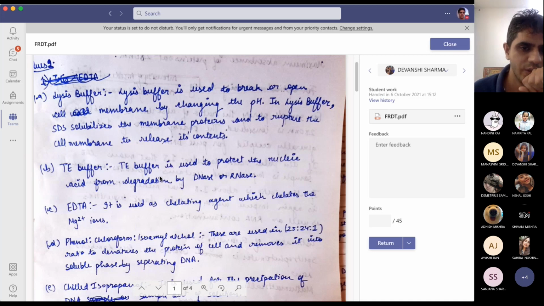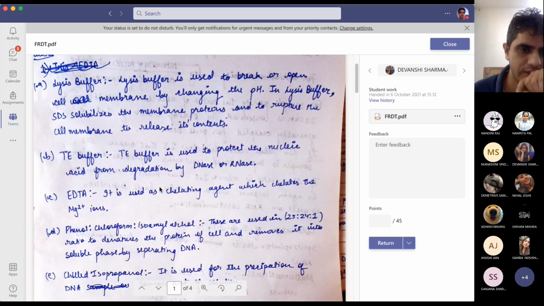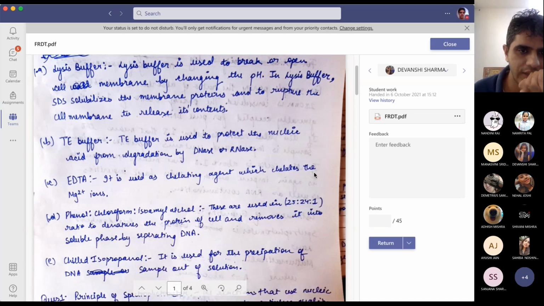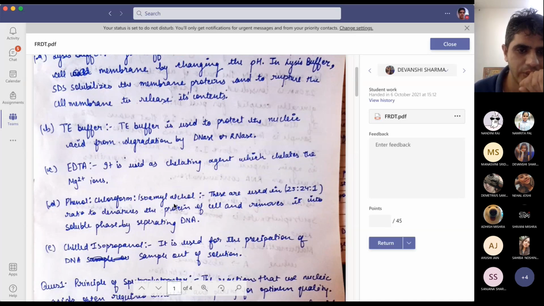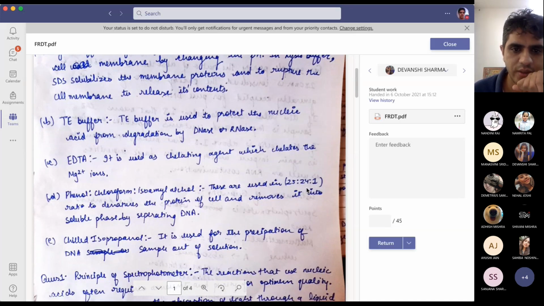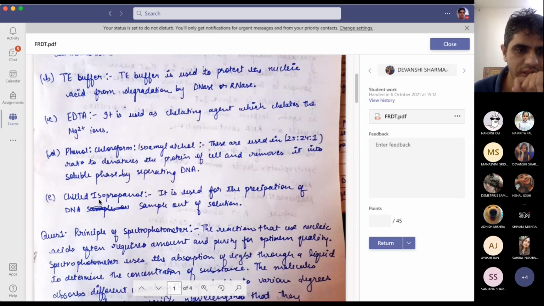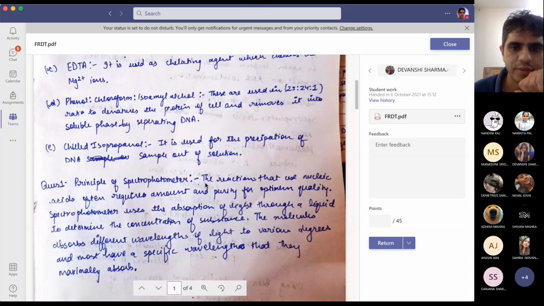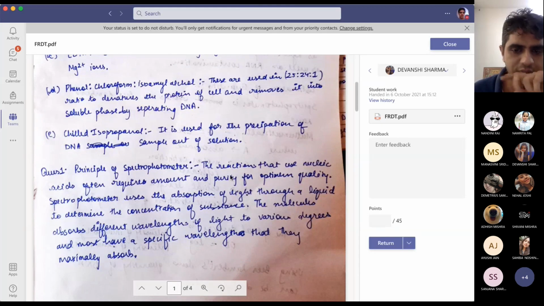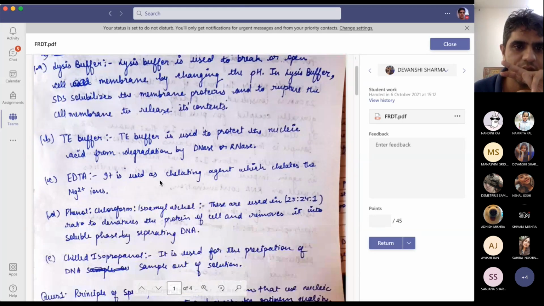So how does it do that? You should also write that. EDTA is used to chelate divalent ions. Yes. Phenol chloroform isoamyl alcohol denatures the protein, that's fine. Chilled isopropanol is for the precipitation of DNA out of solution, that's right. Spectrophotometer principle, okay, this is done.